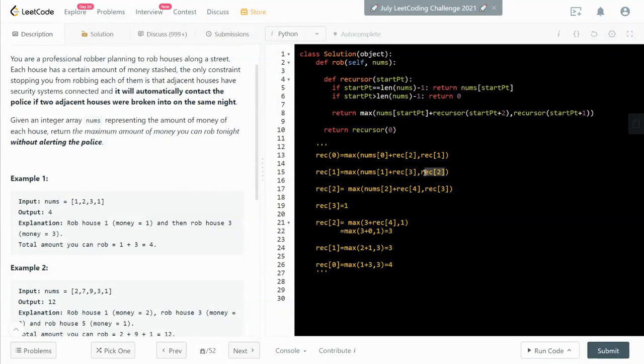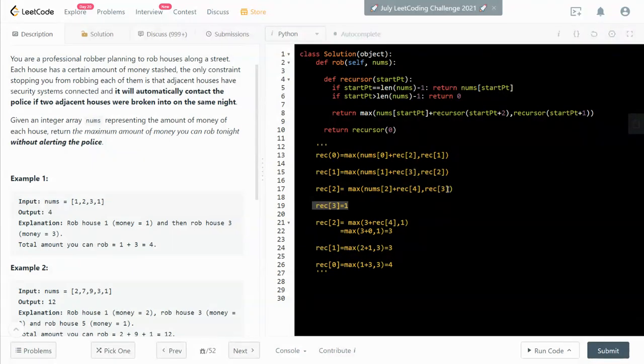Okay, so we have this number over here, but when the recursion is executing, basically this computation is being done twice. That's why it's not very efficient again. And then rec1: now we know nums at 1, basically that's 2 plus rec3, which we computed already.